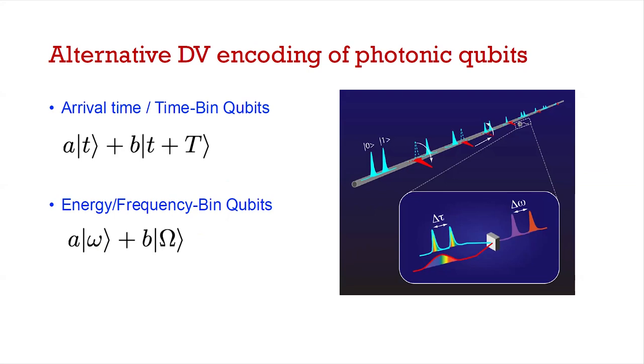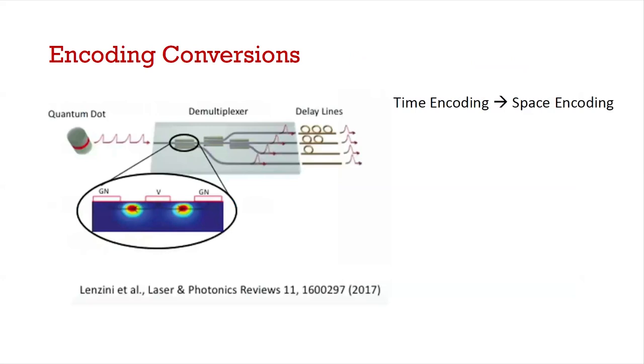You can say that I have different options for discrete variable encoding, but these options can sometimes be converted to each other. Two important concepts in linear optical quantum computing are multiplexing and demultiplexing. A demultiplexer gets a signal, for example from a quantum dot, which emits a sequence of photon pulses.